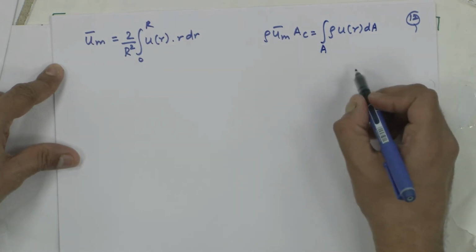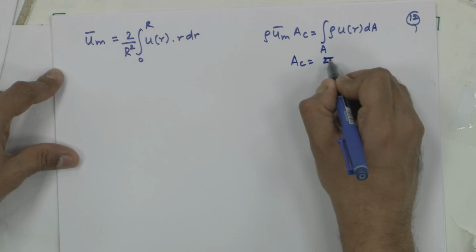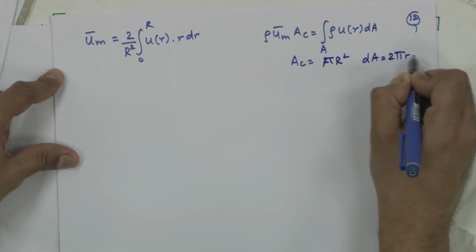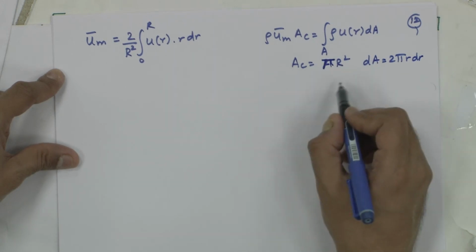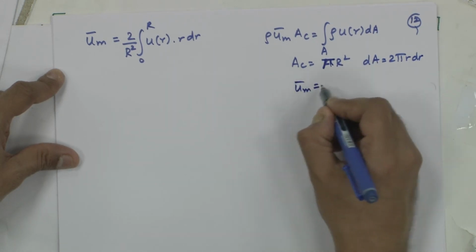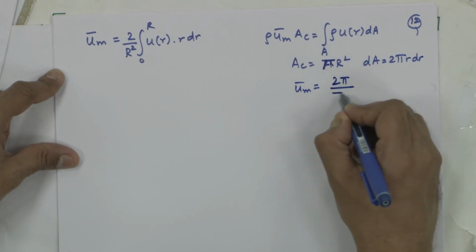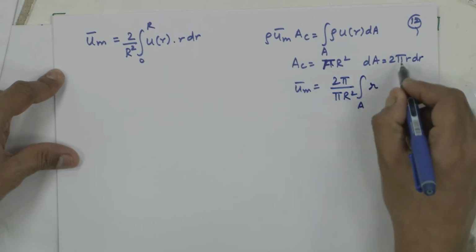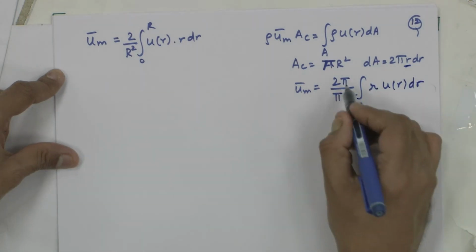Cancel the rho because the flow is incompressible, and for a circular pipe A c is equal to pi R squared and dA is equal to 2 pi r dr. When I put this in and segregate the terms, you get u m bar equal to 2 pi by pi R squared times the integral over the area, r remains, u of r dr. That is what it is.